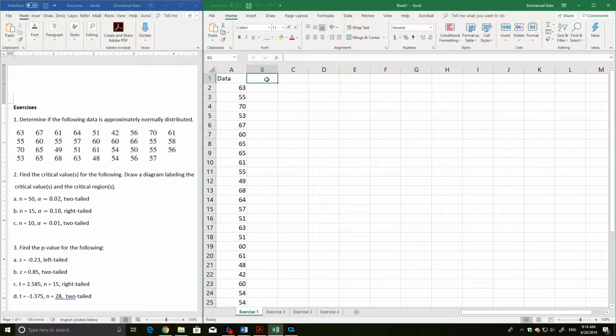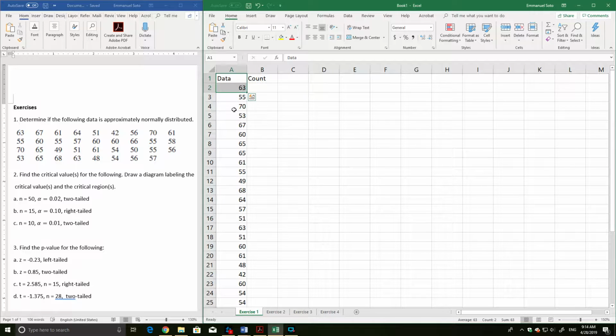So what we want to do is start a column that is labeled count. This is what I call it. And this is just a set of numbers used for the formula that we will use to calculate the quantiles and the z-scores.